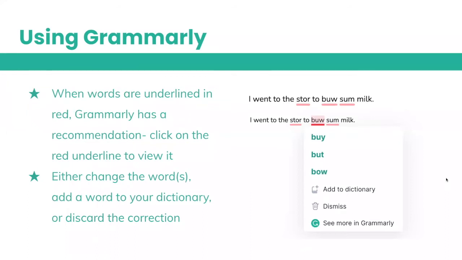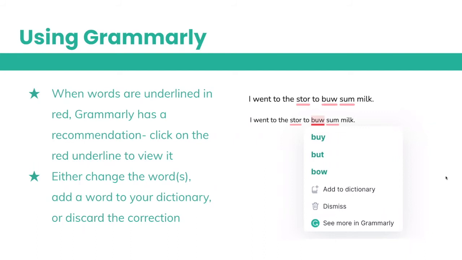Now, how to actually use Grammarly to correct your writing and spelling mistakes. When words are underlined in red, Grammarly has a recommendation. In order to see it, you simply need to click on the red underline to view it. Either you can change the word or words, add a word to your dictionary, or discard the correction.